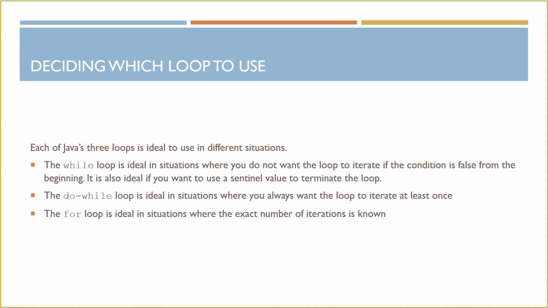If you know I need to iterate 15 times exactly, you could use the for loop. Or if you want the user to be able to have some say over it. So, how many names would you like to enter into this roster? The user types in 10, right? At that point, your program knows, okay, I'm going to be looping exactly 10 times. So that's a good use for a for loop.